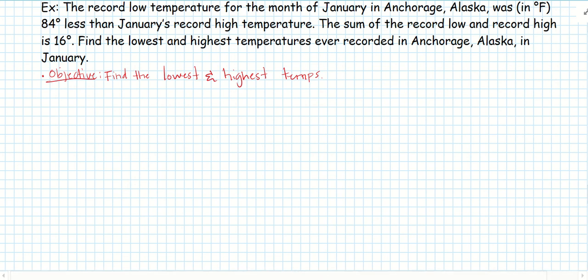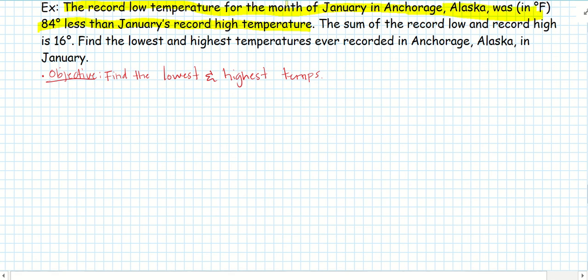Now let's go ahead and break the problem into sentences. So I see that it says the record low temperature for the month of January was 84 degrees less than the high temperature. Notice how they are talking about the low temperature in relation with the high temperature, right?